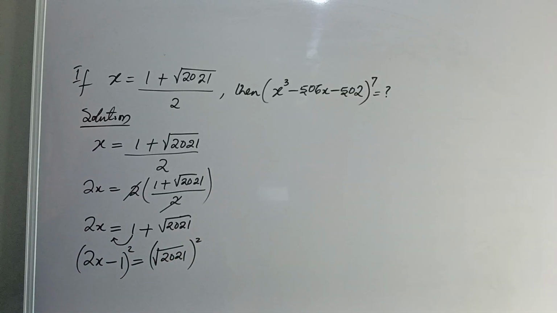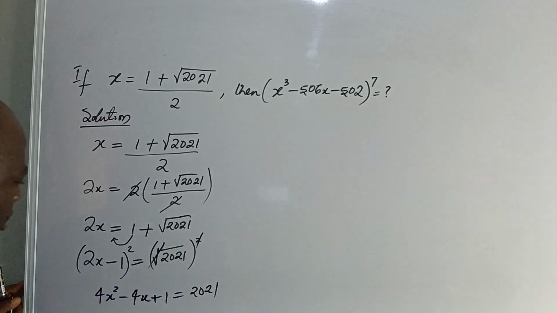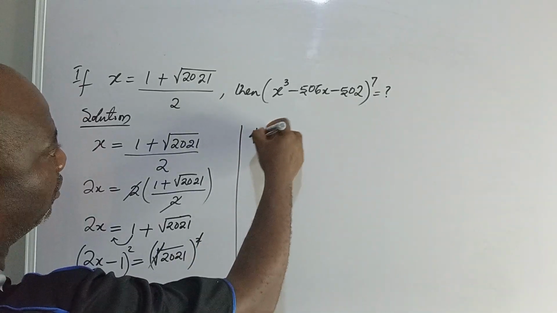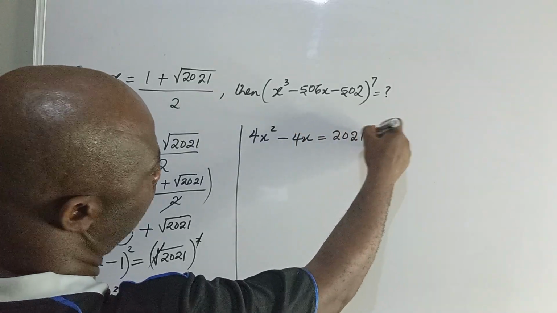Once that is done, I expand the left hand side, and that gives me 4x squared minus 4x plus 1 equals 2021. So from here we have 4x squared minus 4x equals 2021 minus 1.